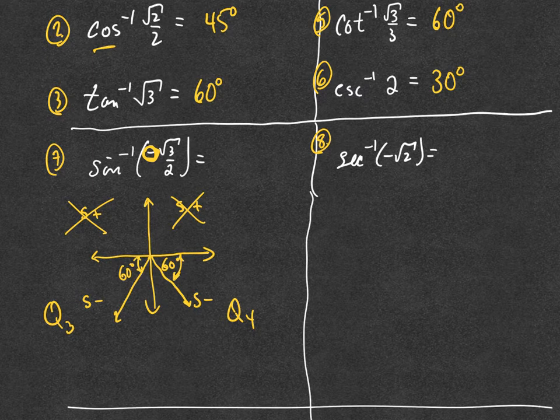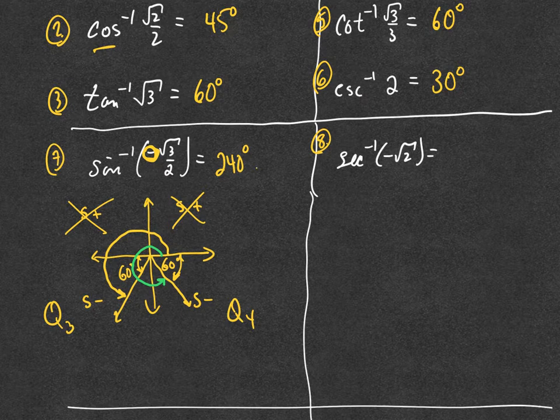And then the answer to your problem is either going to be the standard position angle in quadrant 3, or, if I change colors so that you guys can see the difference, I think green will show up pretty well, or the standard position angle for the 60-degree reference angle in 4. Okay, and can you guys get those? As an example, what would the quadrant 3 one be? Well, it's going to be 180 degrees plus 60 more, so the angle would be 240.